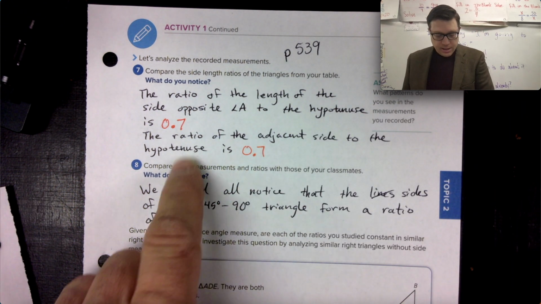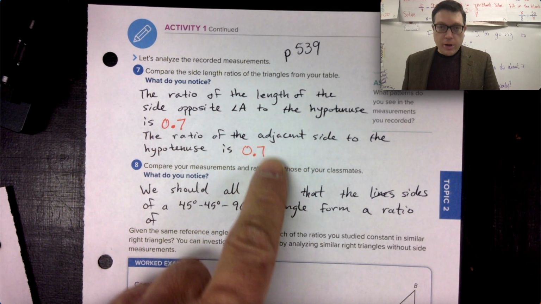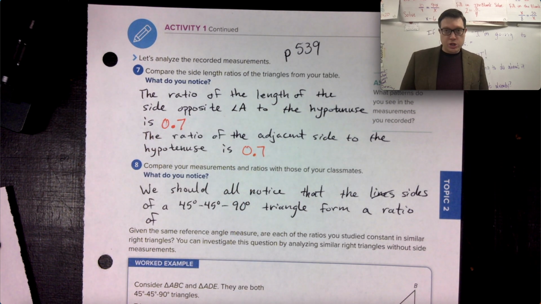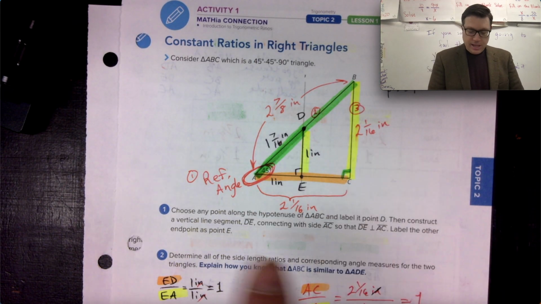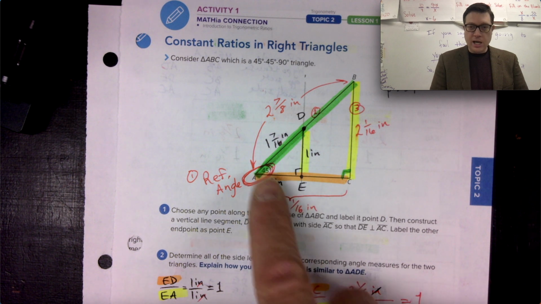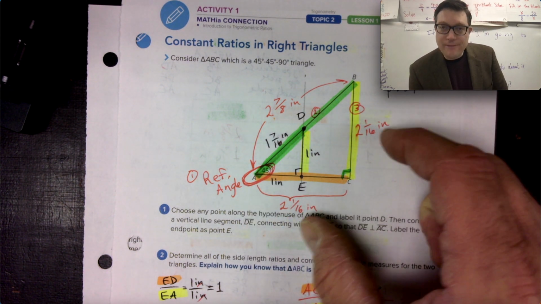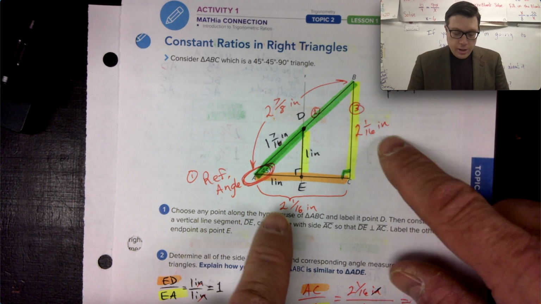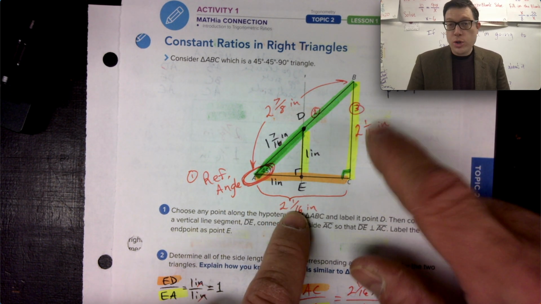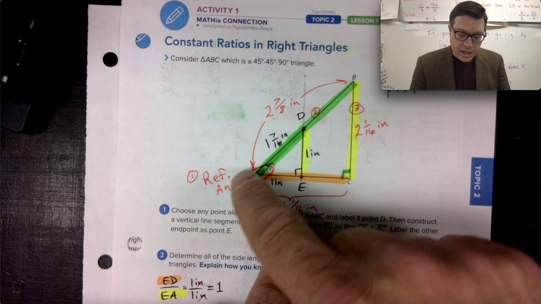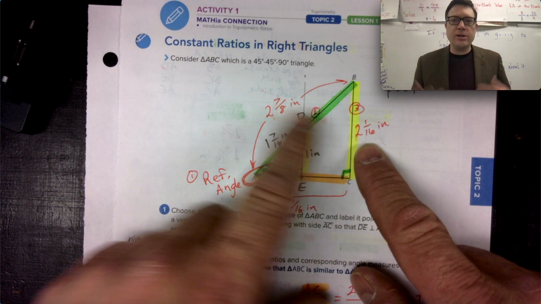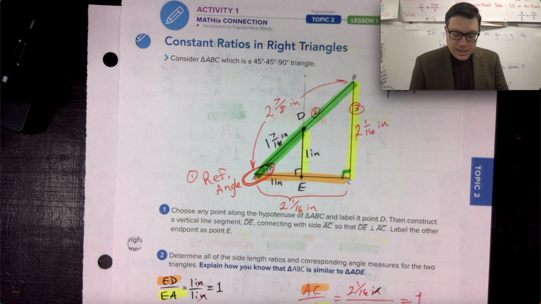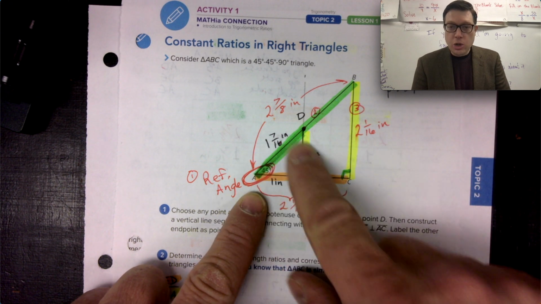However, for us, because of the 45-45 degree relationship, our side opposite angle A and the side adjacent to angle A will have the same value. This is an isosceles right triangle. So therefore, these two sides, when you use them as fractions with the hypotenuse, they end up creating the same fraction. And that doesn't matter what size triangle we use.